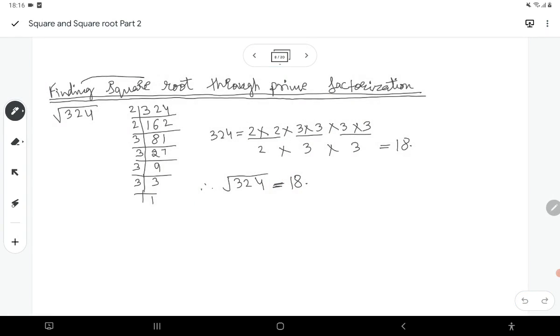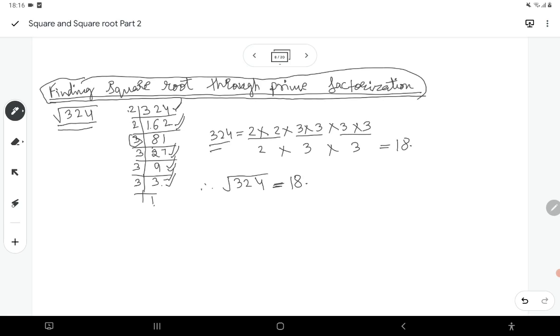The next way is finding the square root through prime factorization, or finding the factors of the number. We make pairs and consider each pair as one number. First of all, we have to find the square root of 324. We know how to find the factors. 2 162s are 324, 2 81s are 162, and 81 gets divided by 3. So 3 27s are 81, 3 9s are 27, 3 3s are 9, and finally 3 1s are 3.